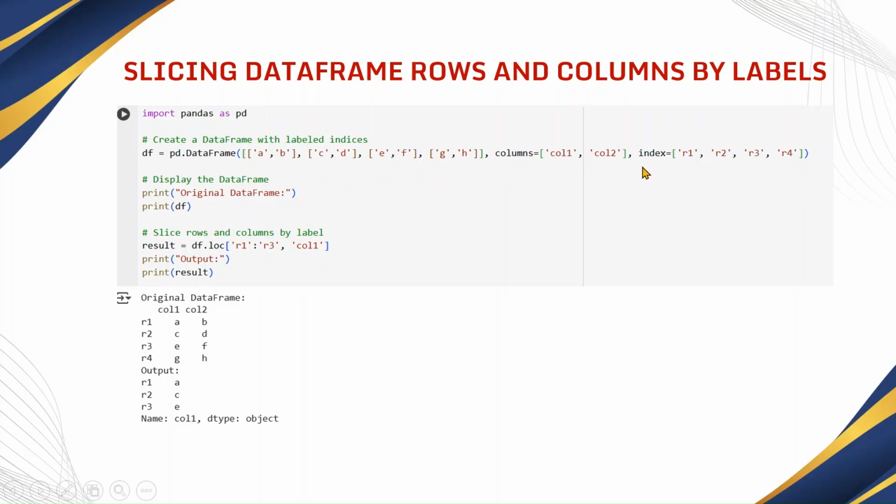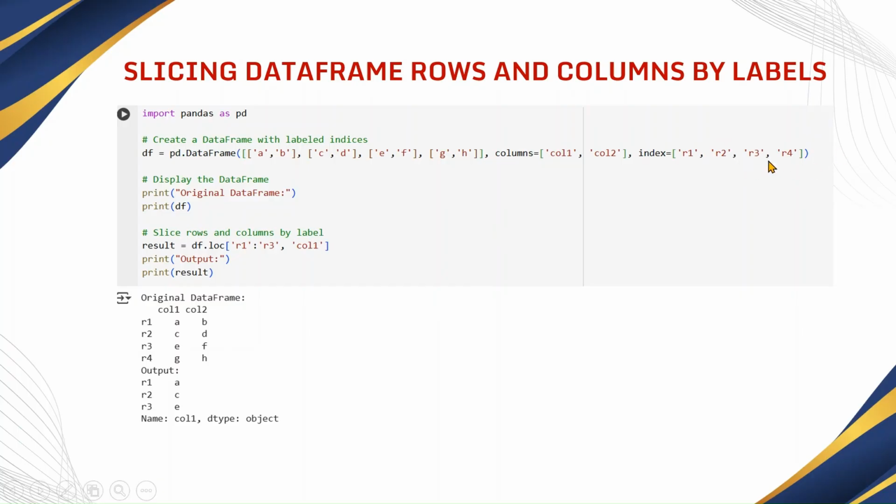Comma, I'm giving the index, meaning row labels also: R1 is for the 0 index, R2 for index 1, R3 for the second index, and R4 for the third index. Earlier in the program we were writing 0, 1, 2, 3; here instead you get R1, R2, R3 and R4. This is the way you change the index numbers to labels.